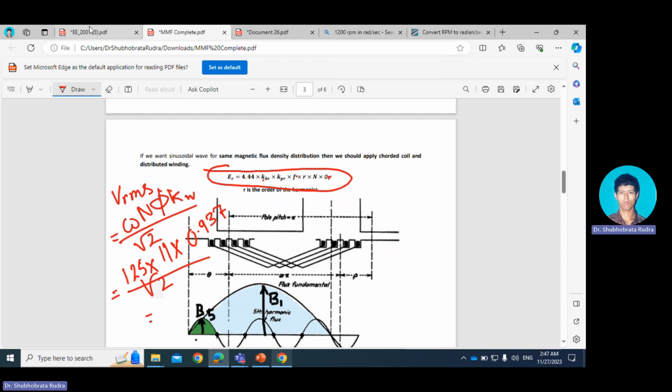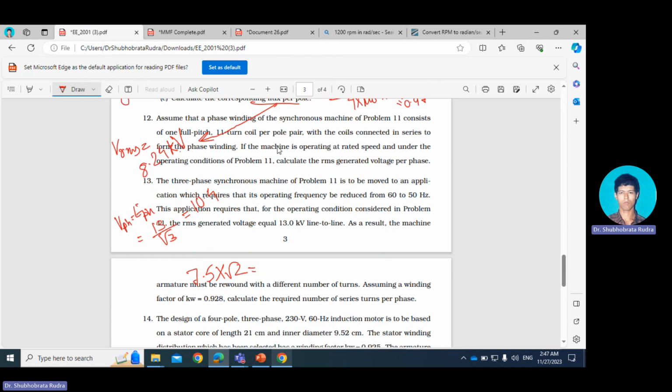So now I'll confirm this formula once again. Just this formula came to my mind. Otherwise, you can surely work with this one. This one always works fine, but actually I took this problem from the book of Fitzgerald, so I need to check the formula once, and I can confirm that.